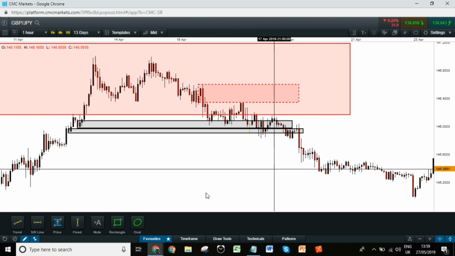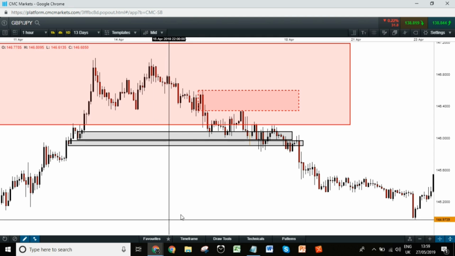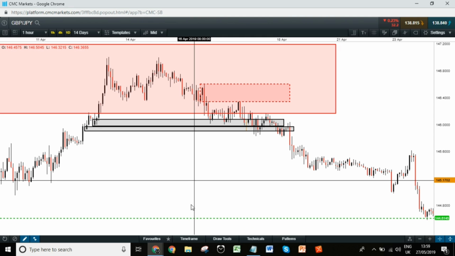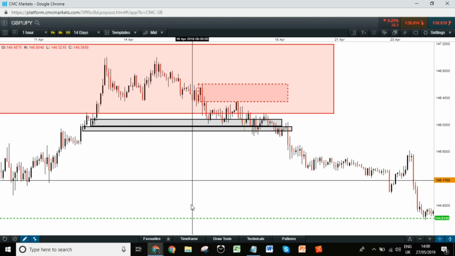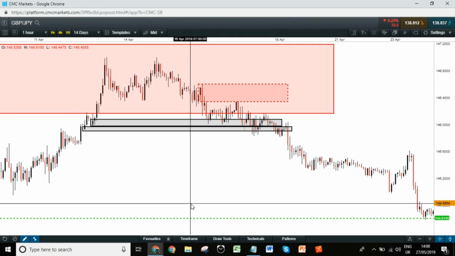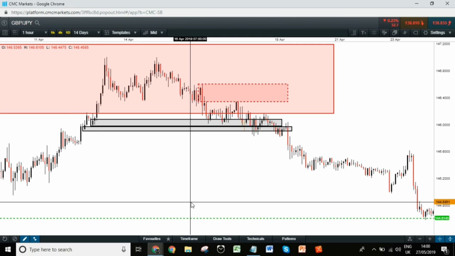So I hope that has cleared a lot up for you. For supply, we are looking for the closest bullish engulfing to price to be broken. For demand, we are looking for the closest bearish engulfing to price to be broken.